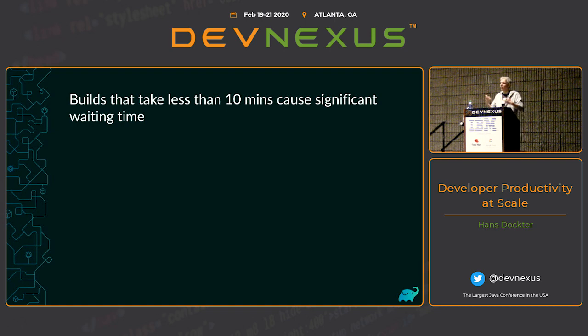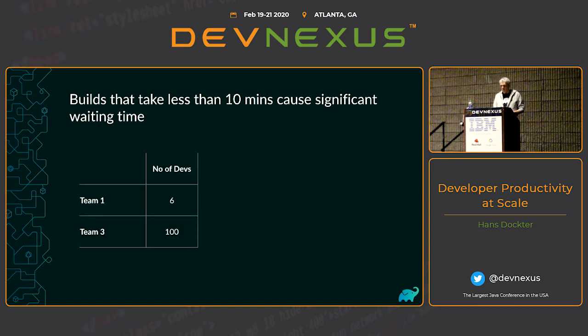And it's pretty obvious. Let's say we wait for something that is 15 seconds. What can you do in 15 seconds? You just wait. And then there's the boundary where behavior slowly changes, where some people start to do context switching, but under 10 minutes, a significant amount of the time that the toolchain requires to give you a response is waiting time.